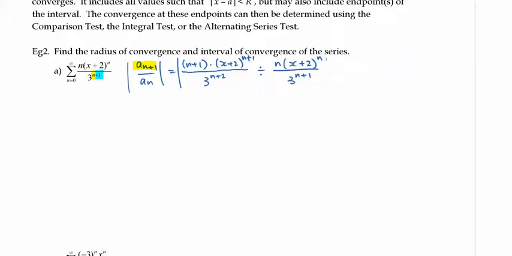And once you take the absolute value and simplify your expressions, you are going to end up with something relatively simple. If you look at this and that, once you reduce it, you are just going to end up with x plus 2 in the numerator. And if you compare this part here and that part, after you reduce these two terms, you are going to end up with just a 3 in the denominator.